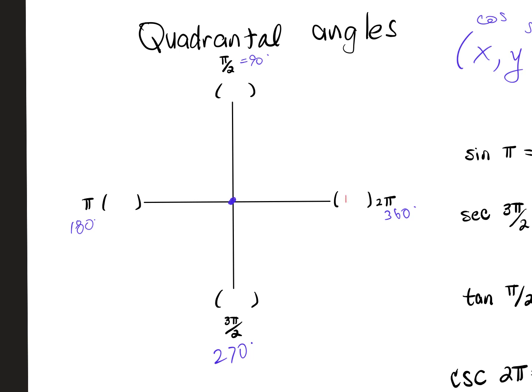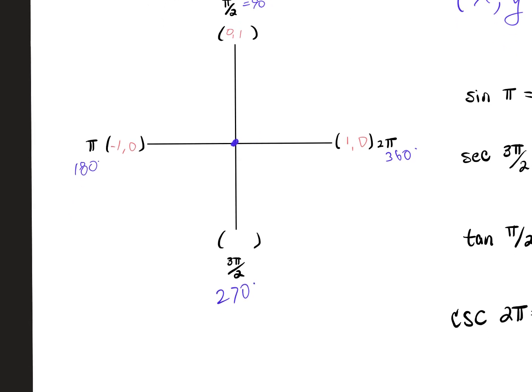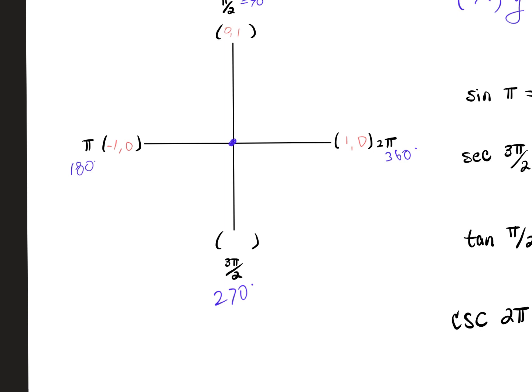How much did you go up or down? 0. If I start at the origin and I go left to pi, what's the ordered pair? -1, 0. If I start at the origin and I go up to pi over 2, what is it? 0, 1. And then if I go down to 3 pi over 2, it's 0 what? -1. You guys should know those 4 ordered pairs.